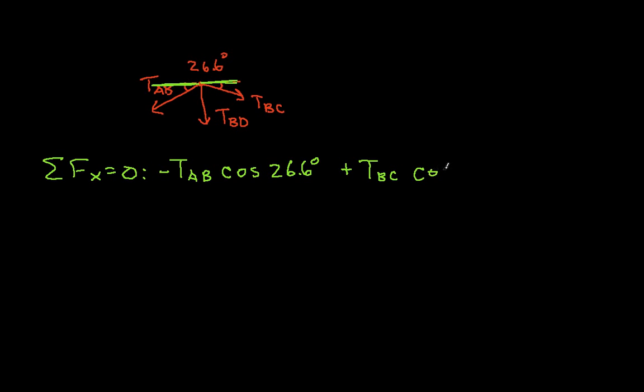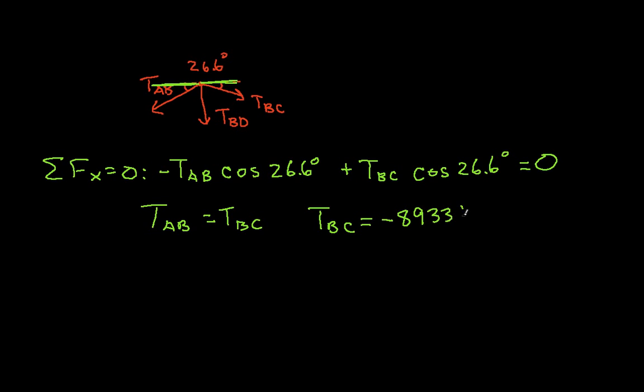So this will be cosine of 26.6 degrees, and this is equal to 0, which tells us then that TAB is equal to TBC, or that TBC is equal to whatever TAB is, which, if I remember correctly, is minus 8,933 pounds. Okay, so that's what we got from the x direction.